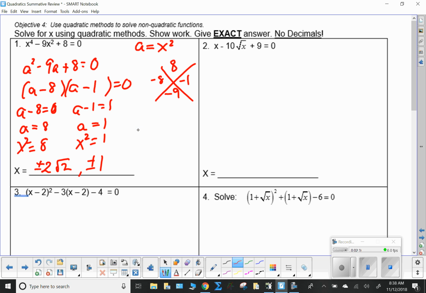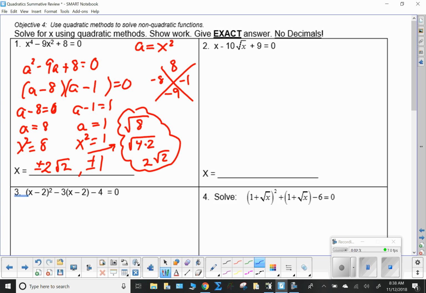For the 8, remember that the square root of 8 is the same thing as the square root of 4 times 2. The 2 can come out, which makes it 2 square root of 2. So this is where I got 2 root 2. Okay? There's your answer.